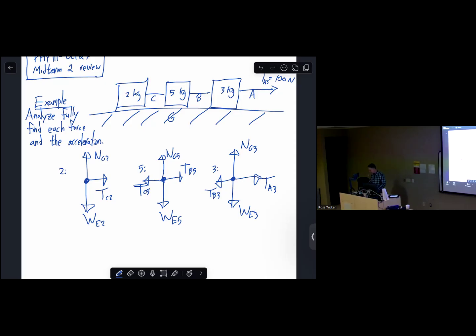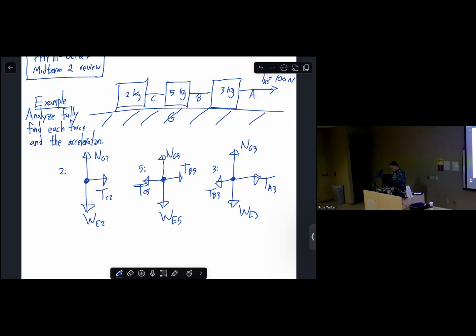Show me that you can add up forces on an object. And this is Google question G. G for golf.